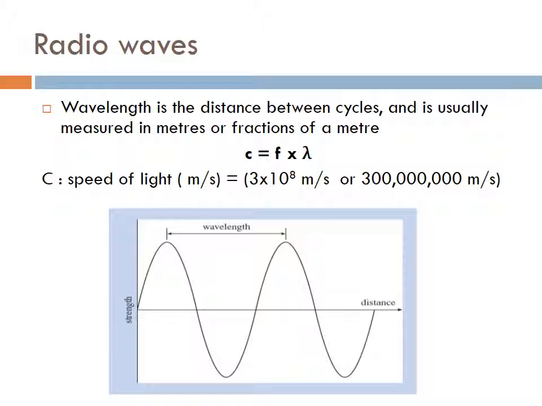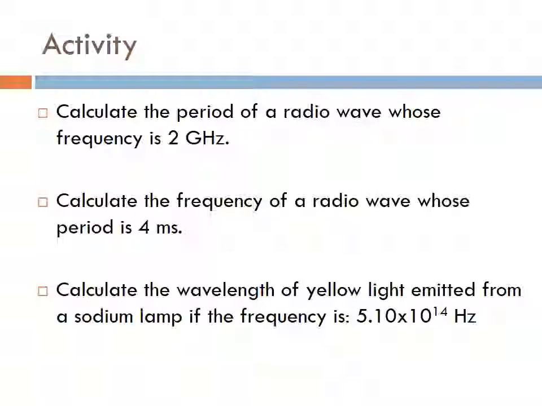The higher the frequency of the wave, the shorter its wavelength, and the lower the frequency of the wave, the larger its wavelength. So this relation between lambda and f is very important and has an impact on the propagation of radio waves. So keep it in your mind.